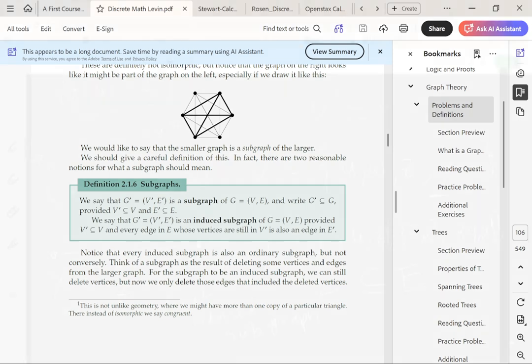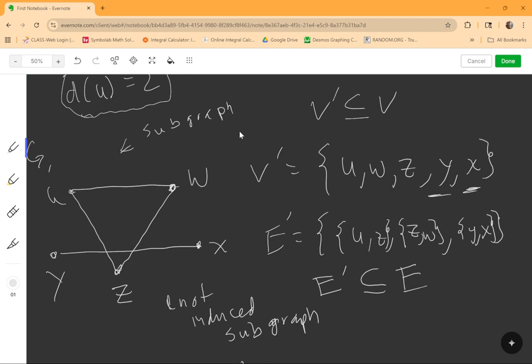So looking at this, this is not an induced subgraph, and the reason is because of these vertices y and x.